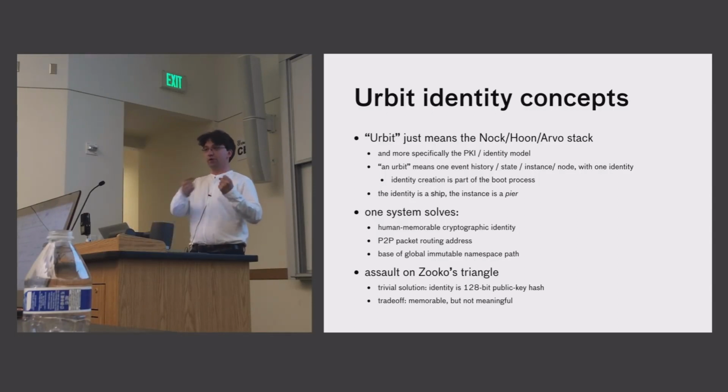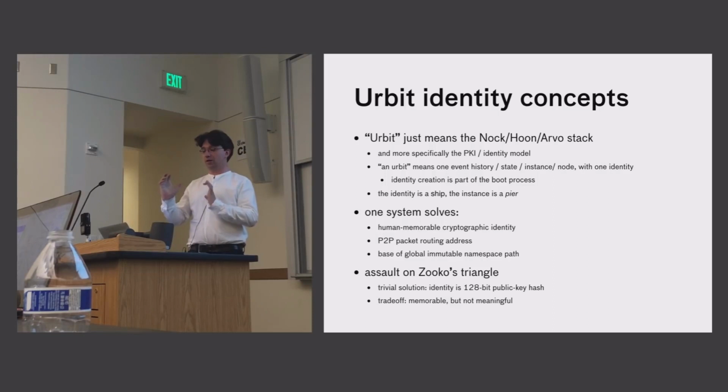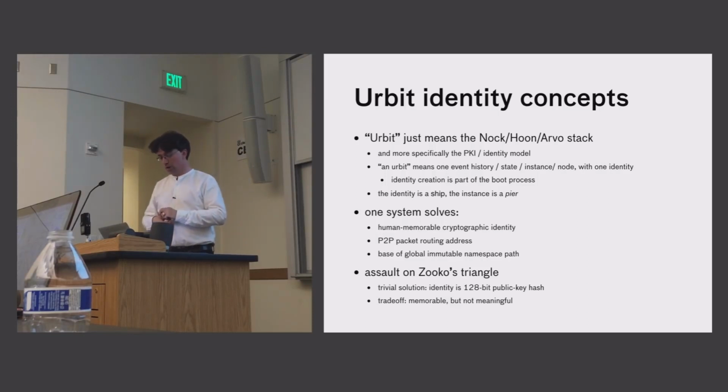Basically, one Urbit is one event history, one state, one instance, and it has one identity. We establish that identity when we're booting the Urbit. What exactly is this identity? What does it mean? The great thing about doing things from a clean slate is you really get to think from scratch, which is kind of neat.